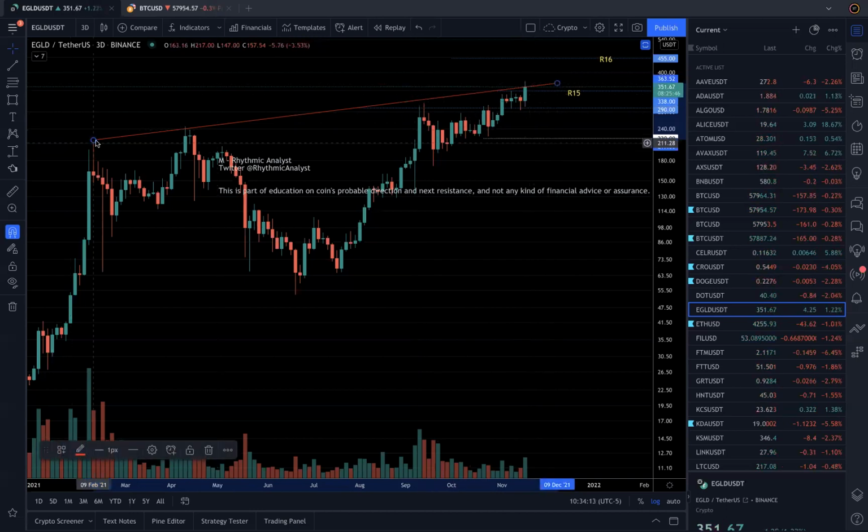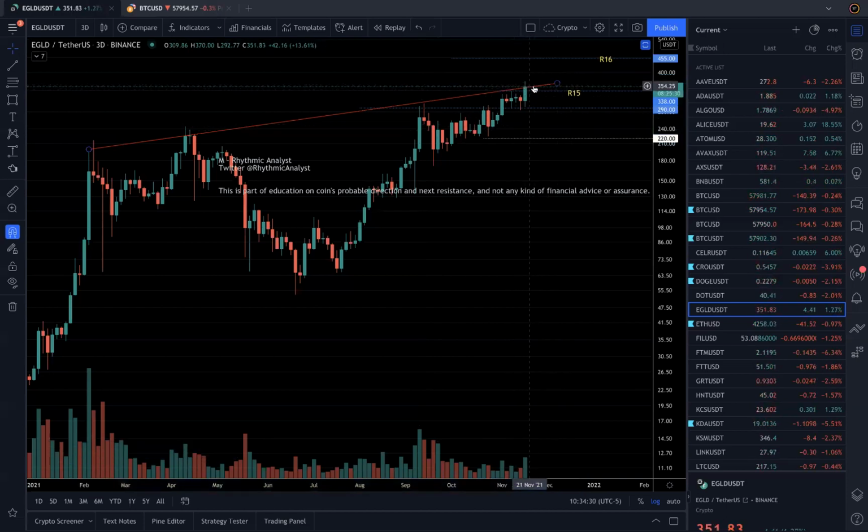Not a perfect one, but you can draw it like this. These are spikes, so it's all right. In short, this is a point of decision. There's no risk, but this is a decisive level, I would say.